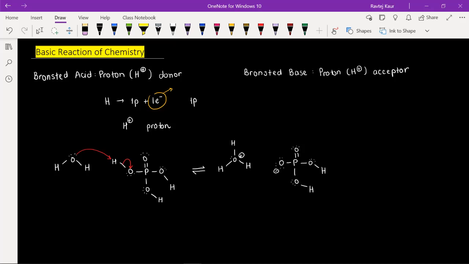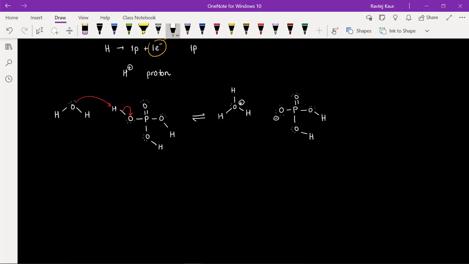Now, this was one of the terminologies that we use. There is another terminology, which is the Lewis acid or a Lewis base. For this, the condition is an electron pair. If something accepts the electron pair, it is an electron pair acceptor, and we can term it a Lewis acid.